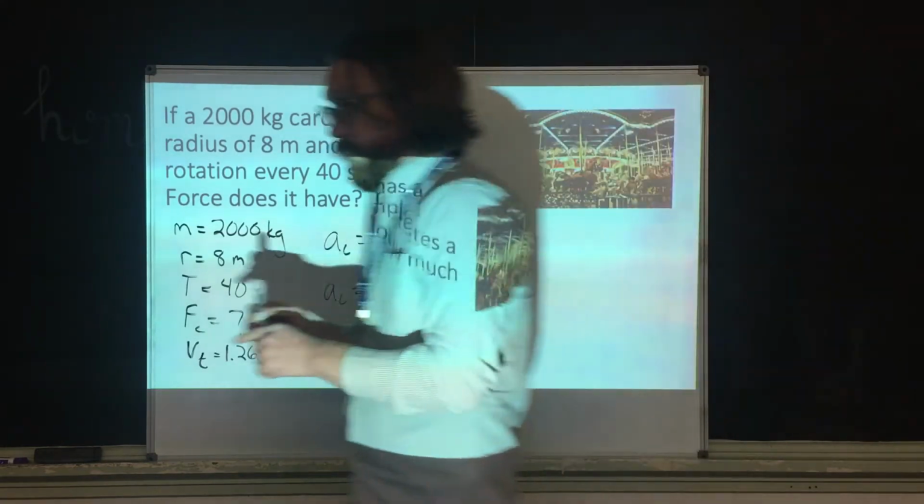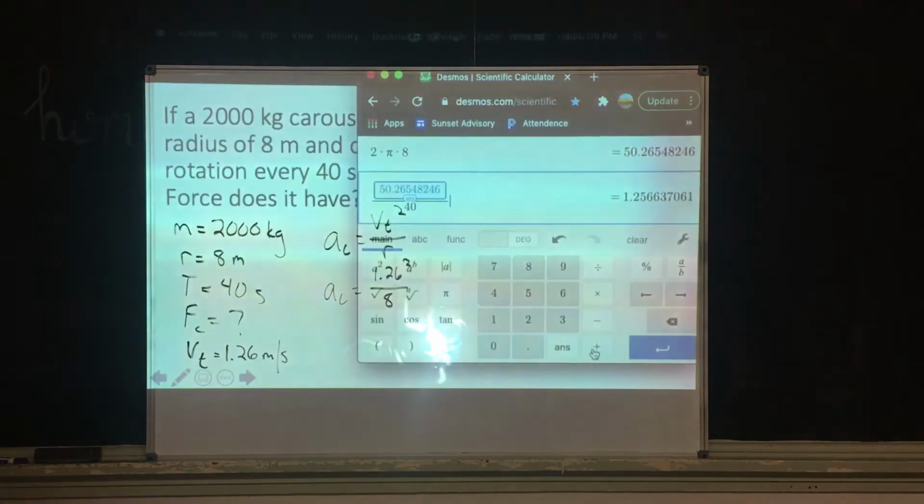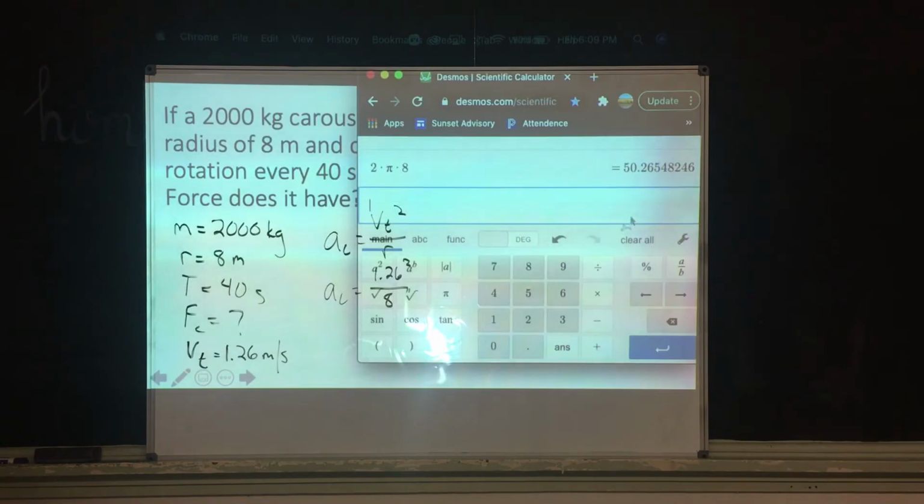Okay, we go back to our calculator. We clear, okay, and clear. And we're going to go 1.26. We have to square that, so hit the squared button, hit enter. That gives us 1.856776. And we're going to go answer divided by our radius, which is 8.